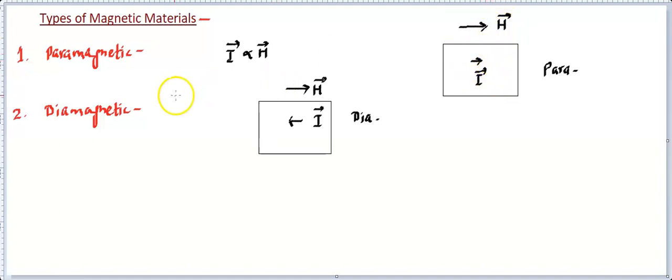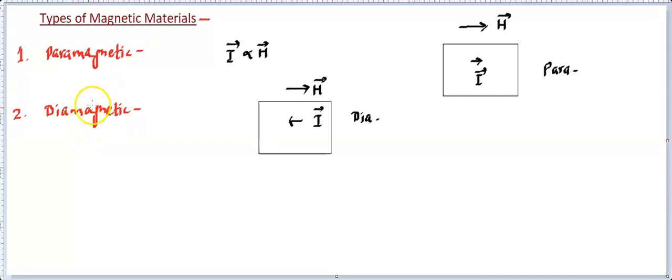So this diamagnetic nature is universal. It is present in all materials. A material is known as paramagnetic if the paramagnetic nature is more than the diamagnetic nature, and it is known as diamagnetic if it is diamagnetic alone.